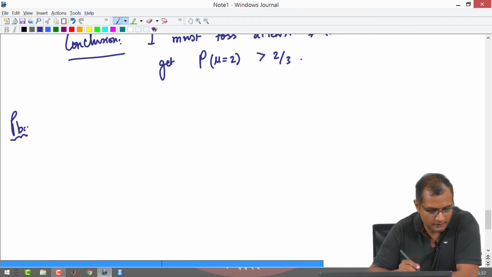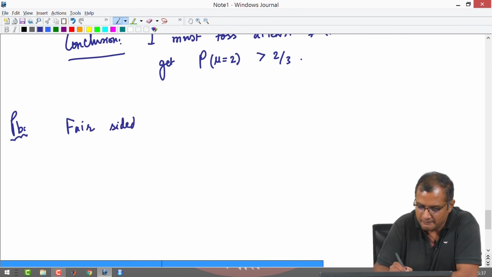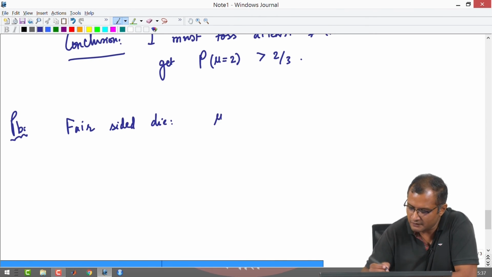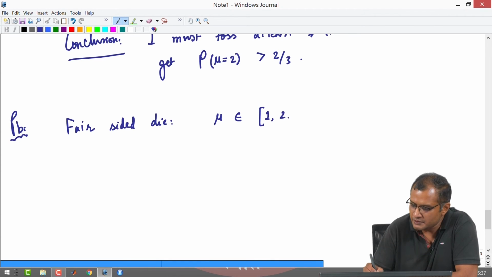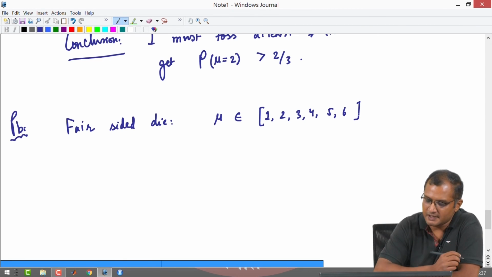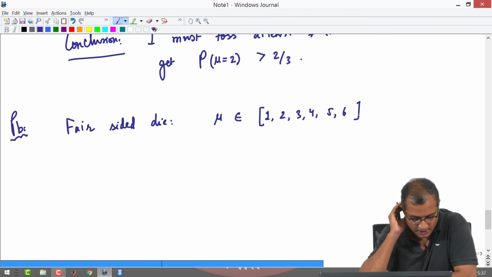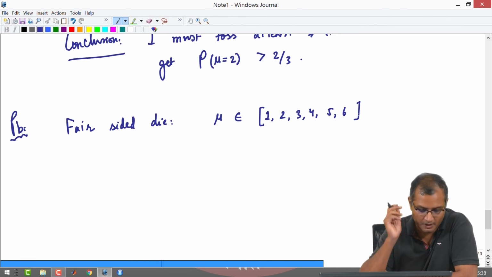So, let us take another, just as before, a fair six-sided die, which means the face of a die can be 1 2 3 4 5 6. That is the face of a die, which is a variable, and can take one of these symbols 1 to 6.